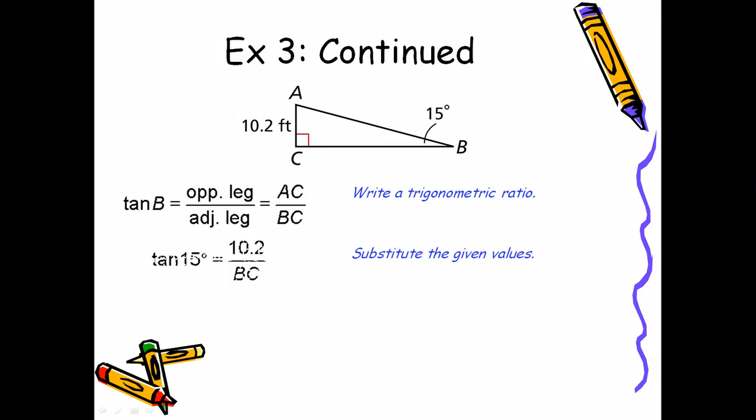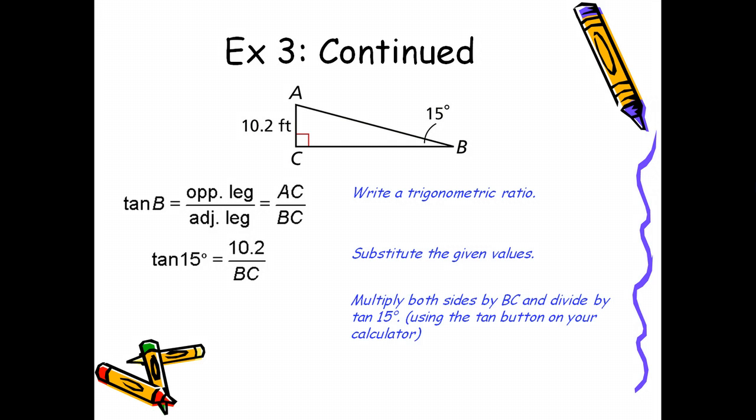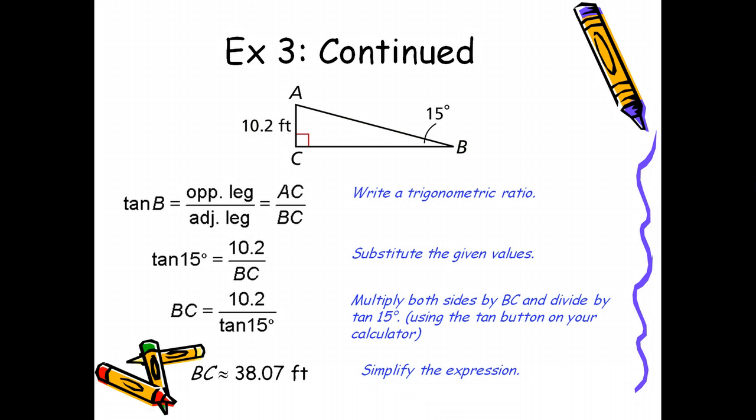Substitute the values we do have. The tangent of 15 degrees is 10.2 over BC. How do I get BC now? We multiply both sides by BC, then divide by the tangent of 15 using the tangent button on your calculator. BC equals 10.2 over tangent of 15 degrees. We simplify using our calculator, and we get that BC is about 38.07 feet.